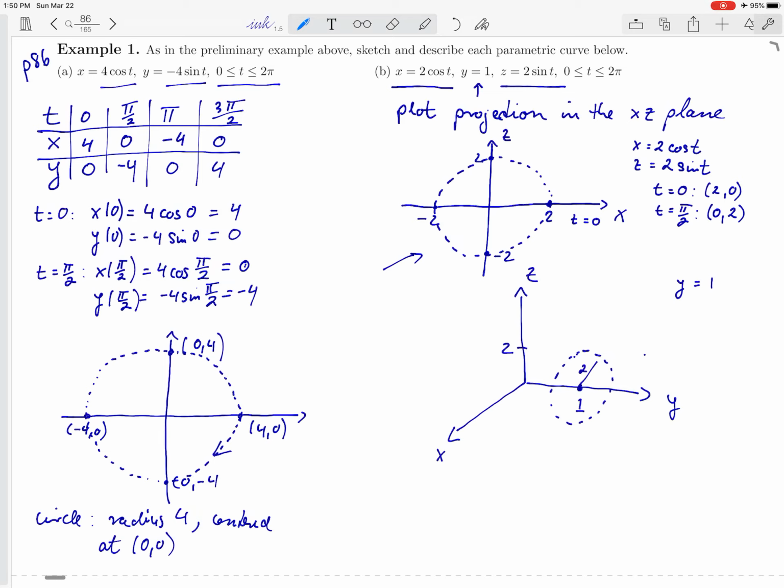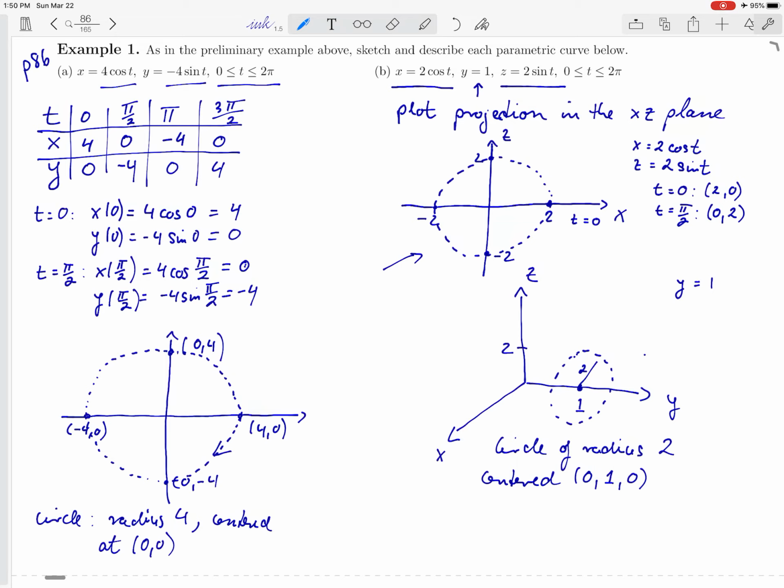So the radius is 2. So we have a circle of radius 2 that is centered not at the origin, but x is 0, y is 1, and z is 0. So it is centered at the point 0, 1, 0.